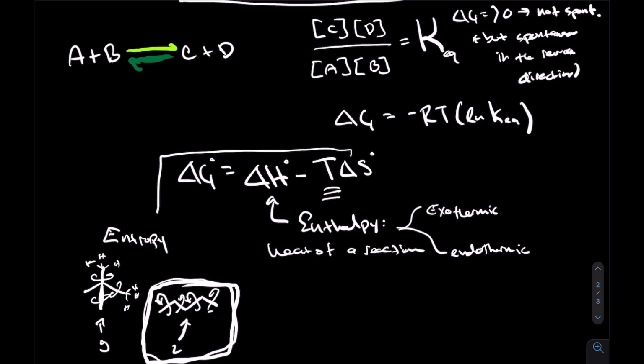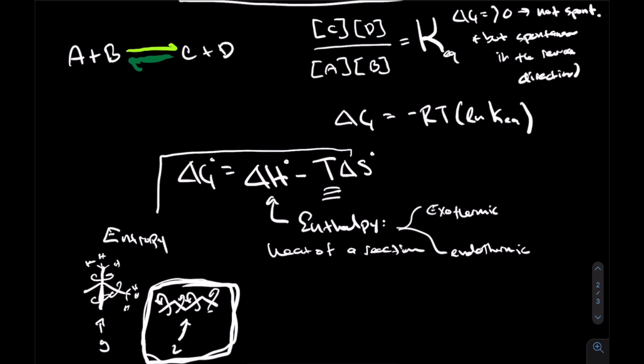Roughly speaking. Now, of these two terms, entropy is a very tough thing to measure. Entropy is usually inferred from delta H and associated delta G's that you can measure. But delta H is directly measurable, and you can experimentally determine it through something called calorimetry.